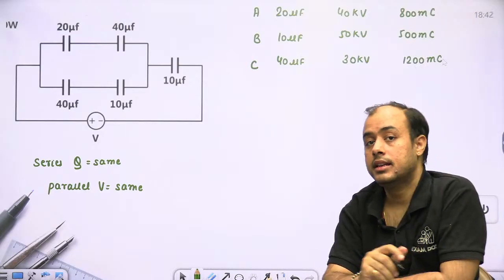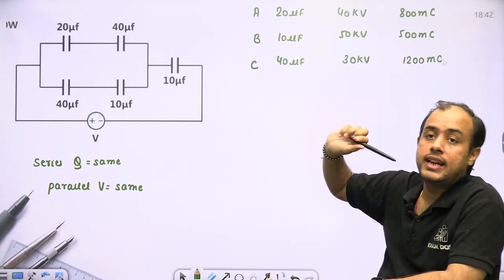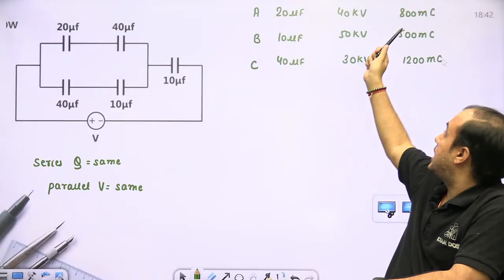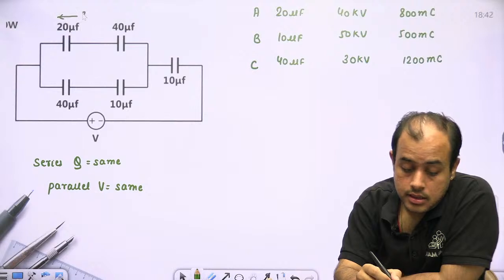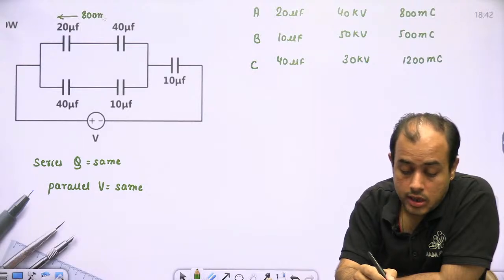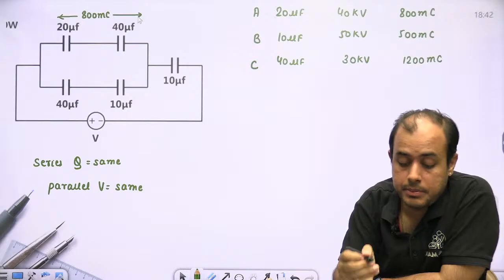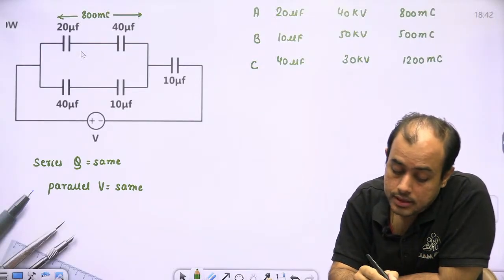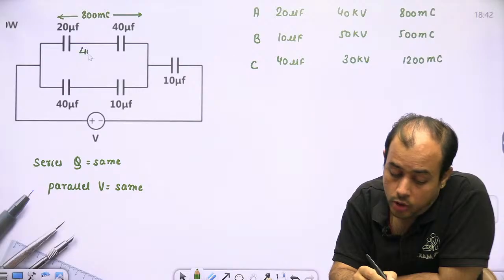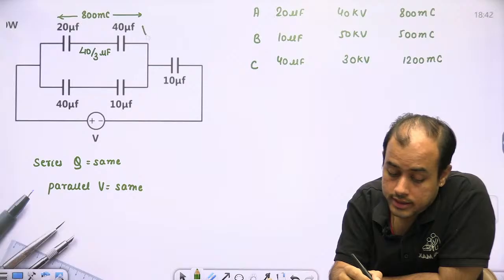Okay. Now see beta, 20 and 40 are in series. Which charge should I take? I should take the smaller value, 800 millicoulomb. Okay, 800 millicoulomb. So the capacitance will be 40 by 3 microfarad. So what is the voltage?